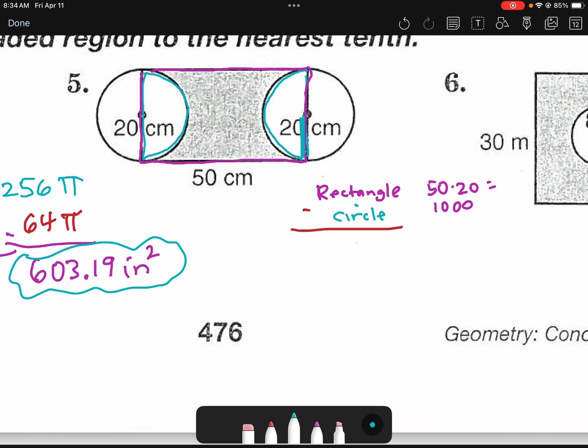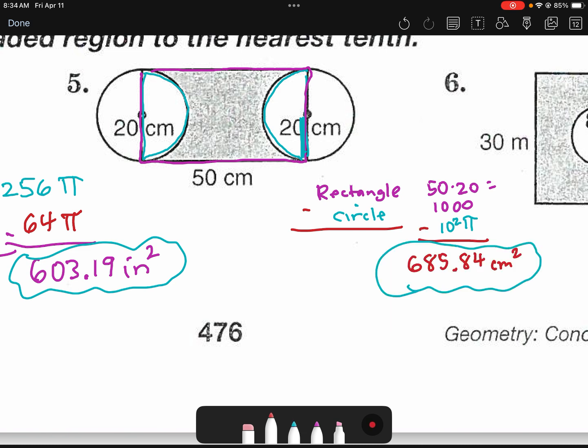So if the radius is 10, that'll be 10 squared pi for an area, which is 100 pi. What is 1,000 minus 100 pi? That would be 685.84. And that's in square centimeters.